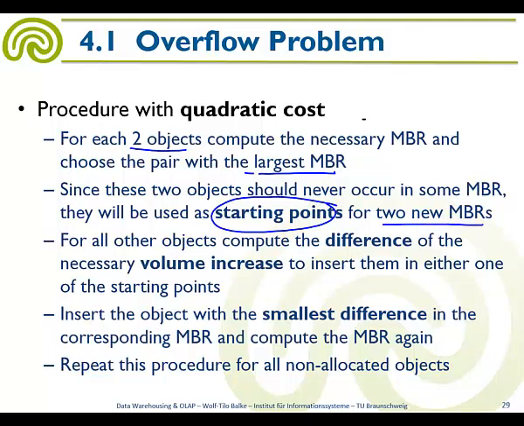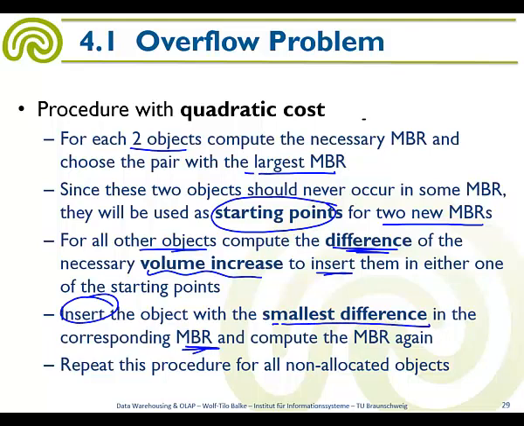And then what you do now, for all the other objects, all the other data points in space, you compute the difference in the distance, and you compare which minimum bounding rectangle grows the least, so it has the minimum volume increase. And once you've found that, you insert it into the corresponding minimum bounding rectangle that increased as little as possible. So the object is inserted in the corresponding minimum bounding rectangle with the smallest difference.